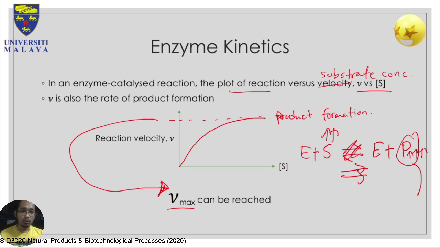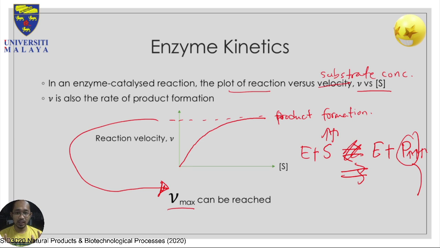Okay, now we're going to look a little bit at the basics of enzyme kinetics, to try and understand how you can actually do that. Because I mentioned that you are not interested in Vmax per se, you want to see something else.